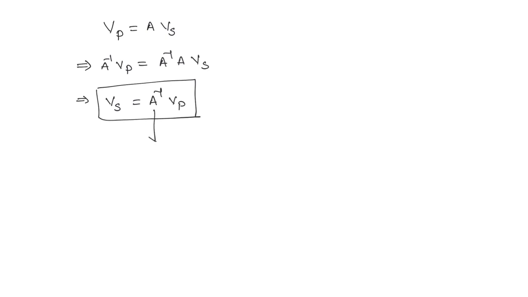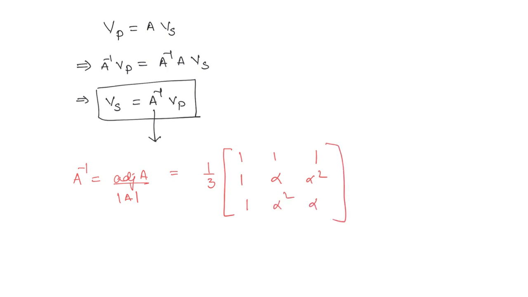So now we need to find what is A inverse. You can try it out later, I will write the final answer. A inverse you can get by adjoint of A by determinant of A, right? So you are going to get 1 by 3 times the matrix 1 1 1, 1 alpha alpha square, 1 alpha square alpha, where we also mention what is A here, because we have seen two different A's. So A is 1 1 1, 1 alpha square alpha, 1 alpha alpha square.